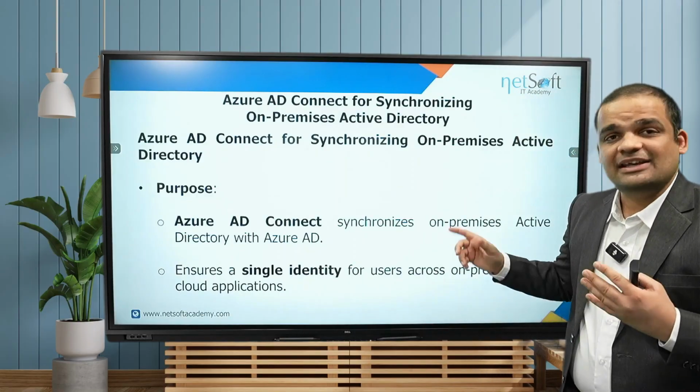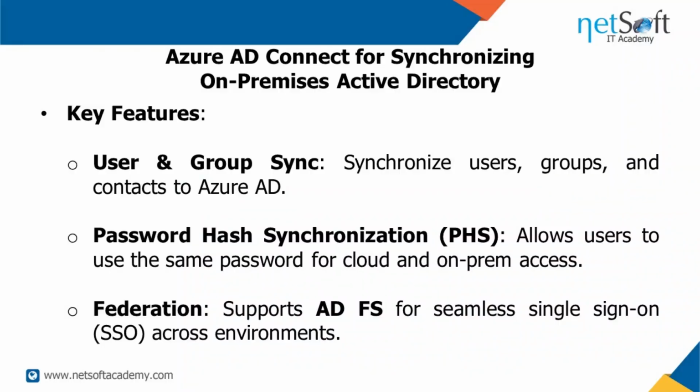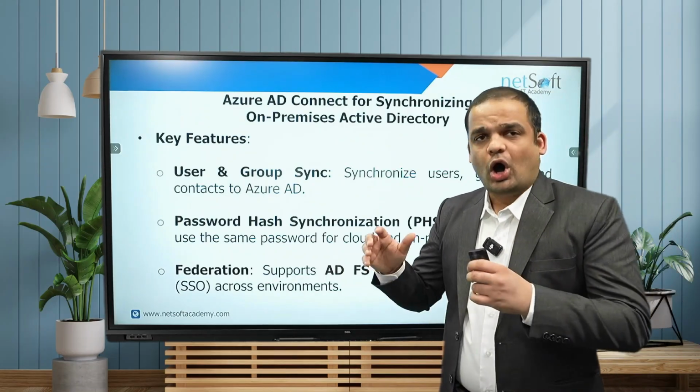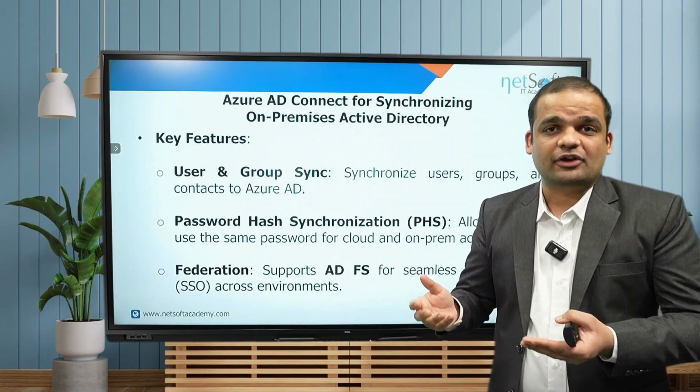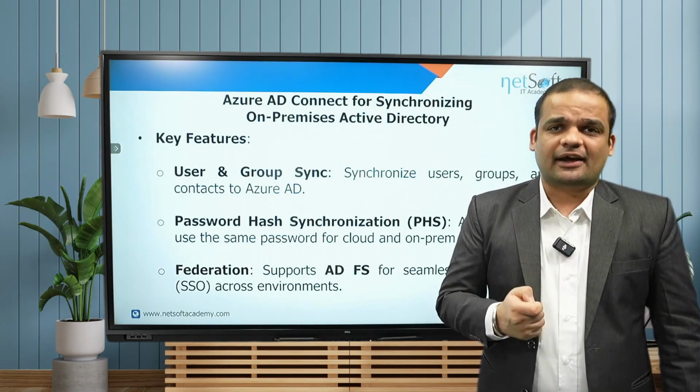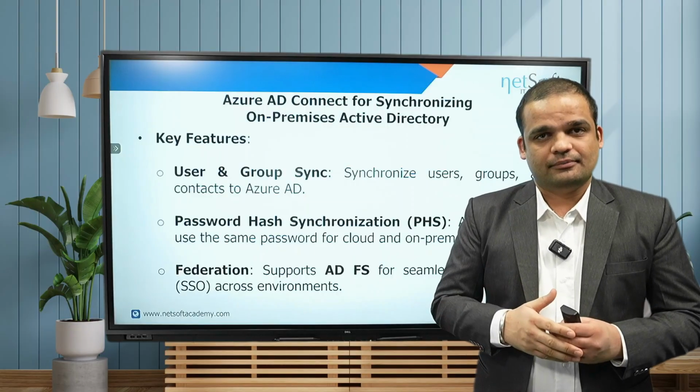Now, some key features. Well, the first one is user and group synchronization. Well, this agent, that is Azure AD Connect, now it is called Entra ID Connect, it actually syncs users, groups, and also contacts from on-premises Active Directory to Azure Entra ID, ensuring consistent access to cloud resources.